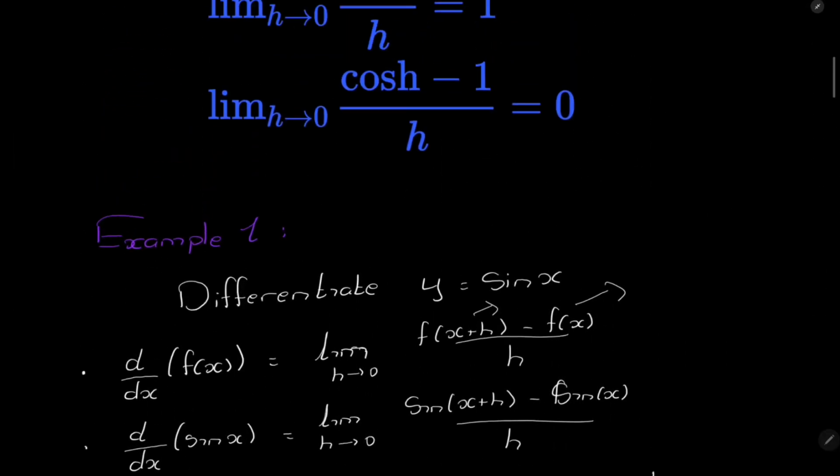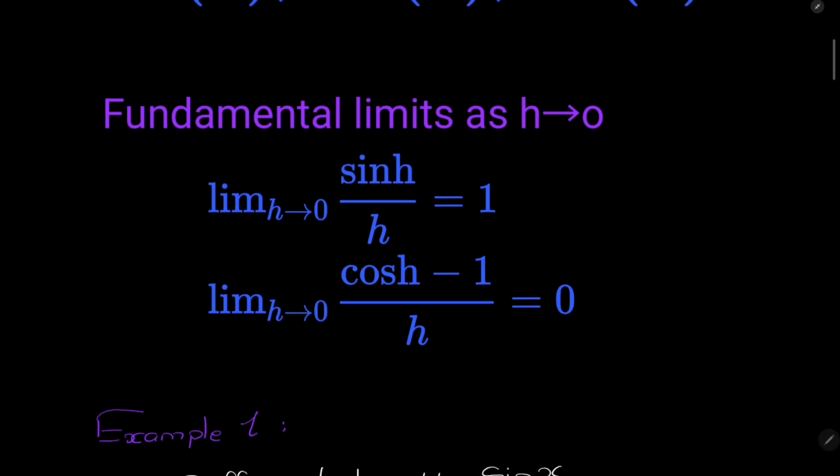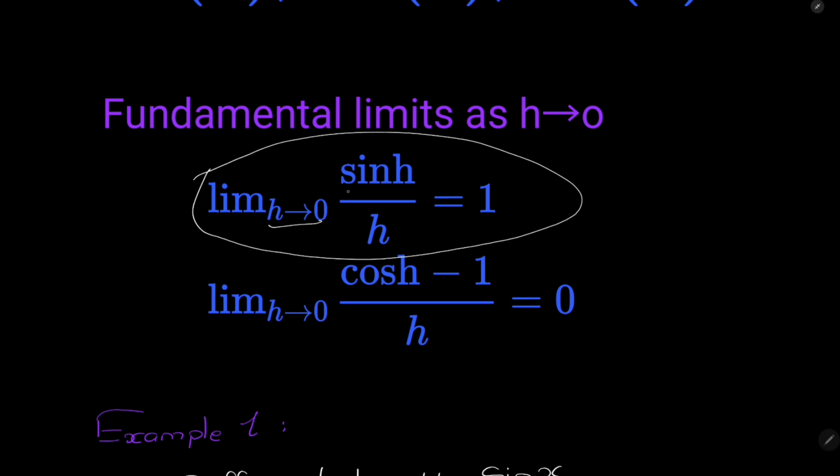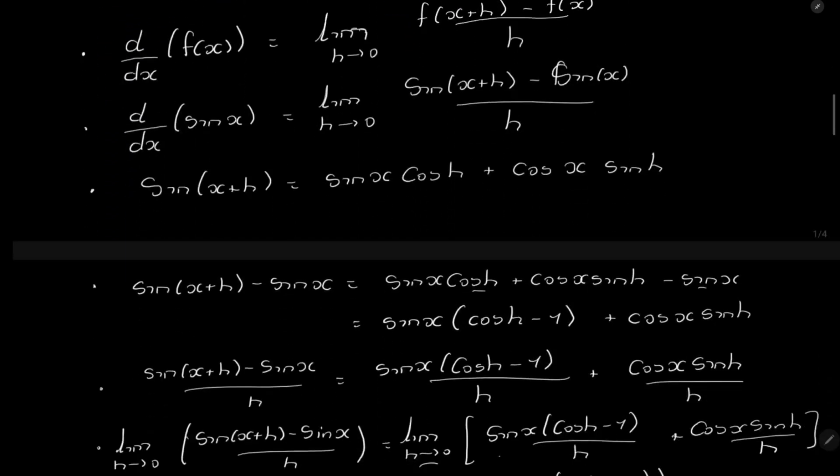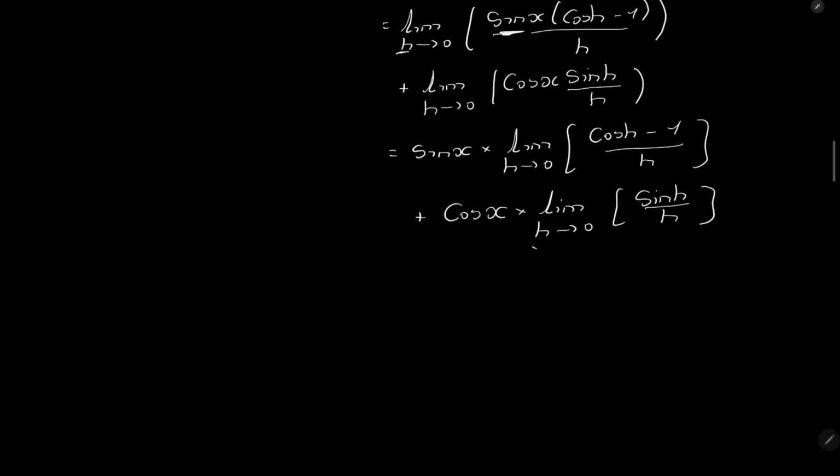If we recall our fundamental limits as h tends to 0, which we recalled here in the beginning, we know that the limit as h tends to 0 of sine h on h gives us 1. So that means we can replace all of this by 1.